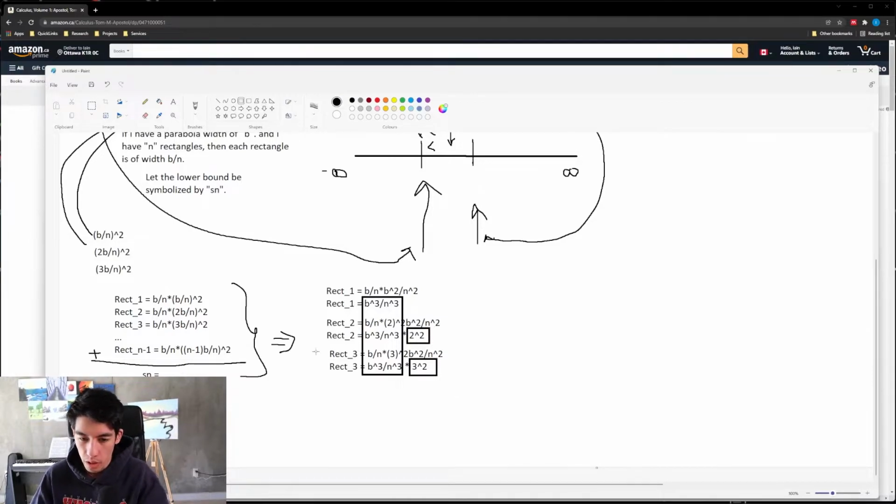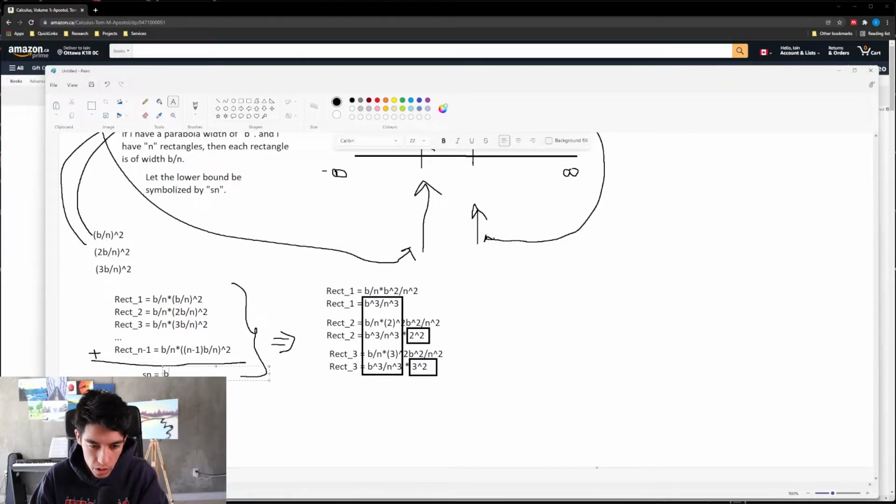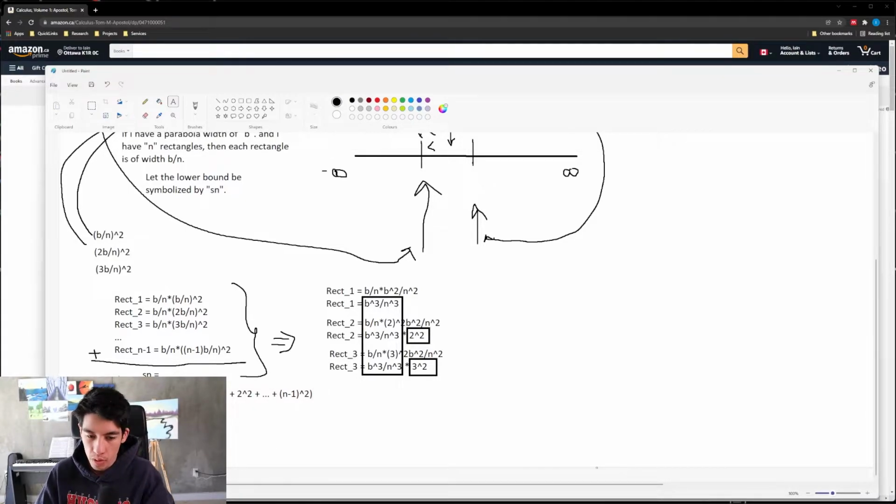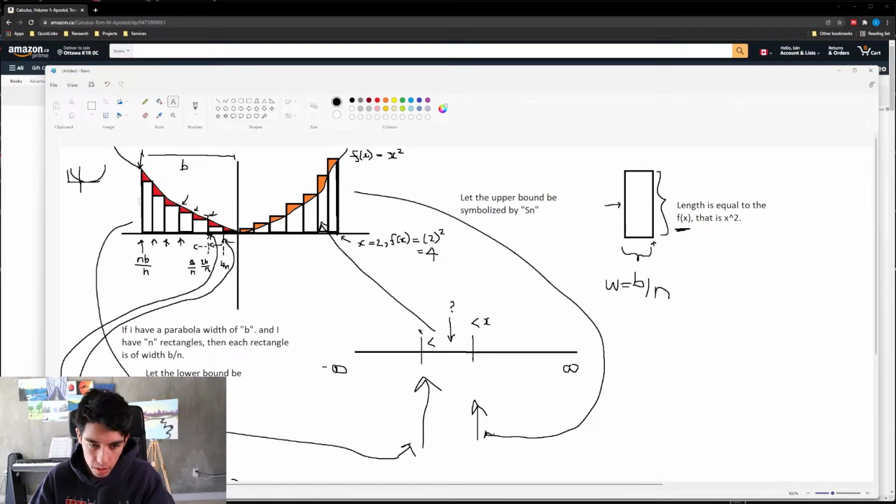And so when we're simplifying all of this, what we can find is that if we factor out b cubed over n cubed, then it would just be 1 squared plus 2 squared plus dot dot dot and so forth to n minus 1 squared. So this is our formula for calculating this lower bound.